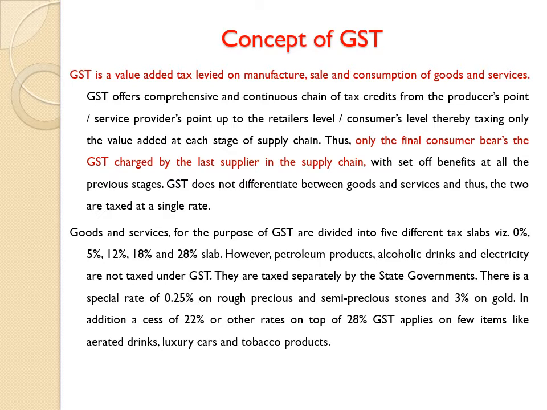GST offers a comprehensive and continuous chain of tax credits from the producer's point or service provider's point up to the retailer's level, consumer's level, thereby taxing only the value added at each stage of the supply chain.